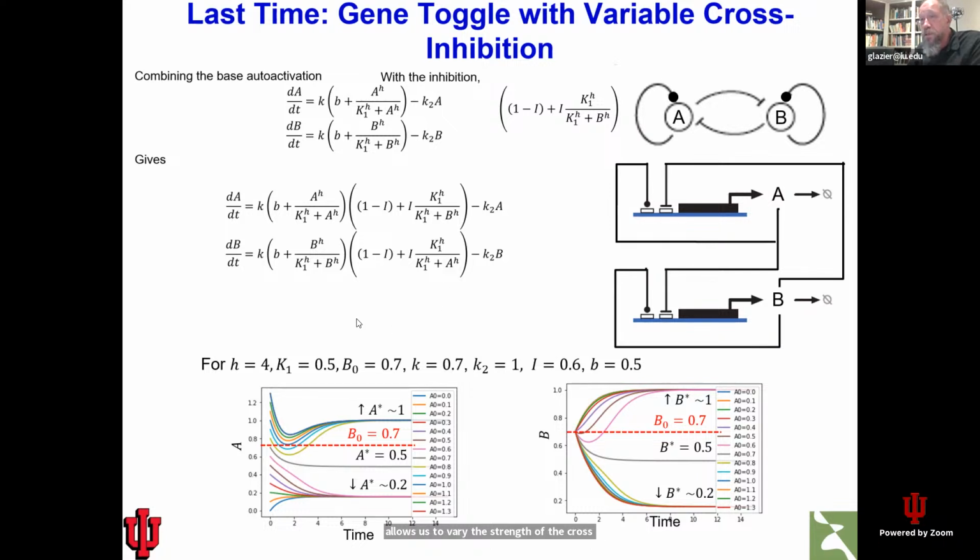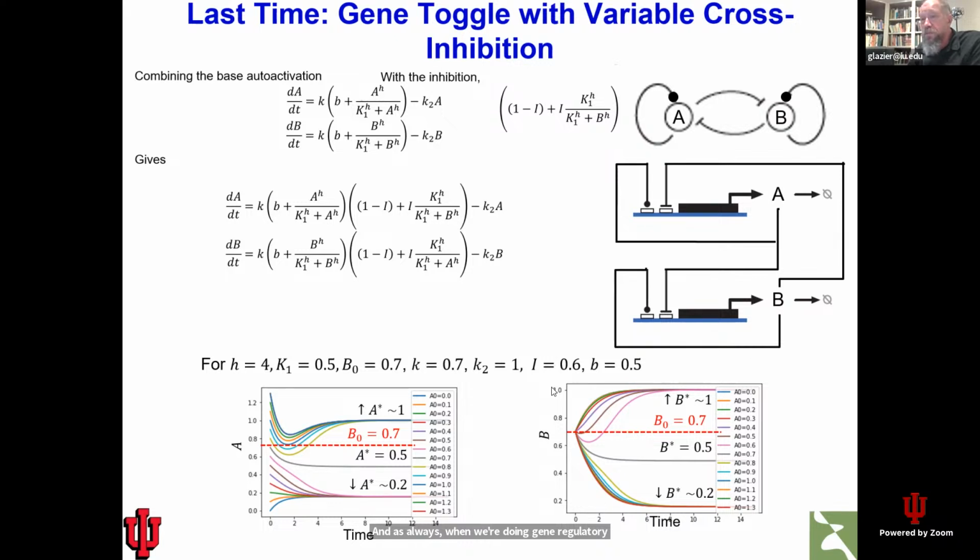And that gives us this set of equations that are a little bit elaborate looking, but are structurally pretty simple. We have that first auto-activation term, and because we have multiplication, we then have variable strength inhibition. And as always, when we're doing gene regulatory networks, we need to have a decay term, first order decay term.